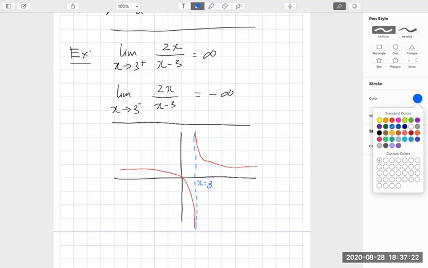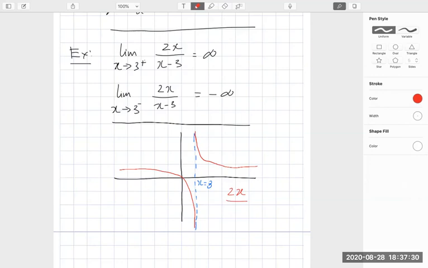The graph of 2x over x minus 3 would be this guy and this guy. And the other way around, when x goes from the right hand side of 3, it will be going to positive infinity here. Yeah, see it, right?